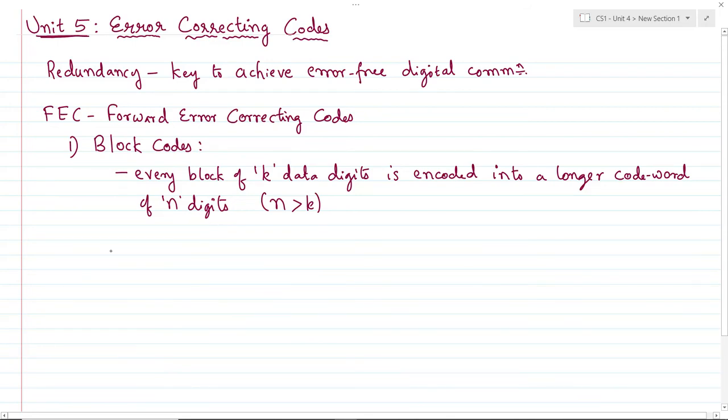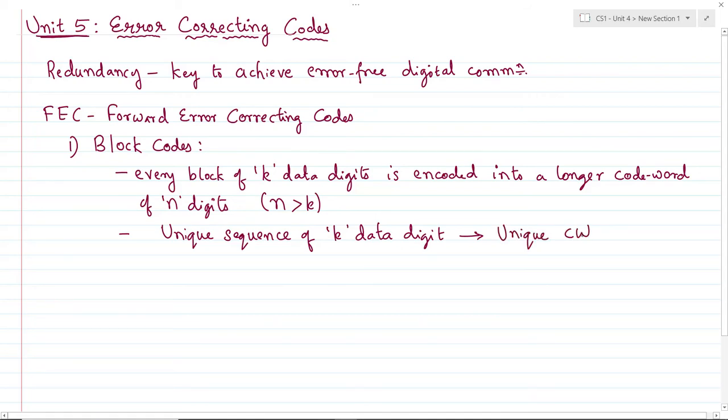So there is a mapping between a unique sequence of k data digits and a unique code word of n digits.